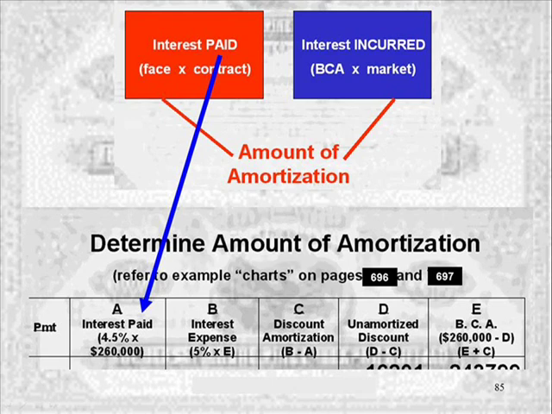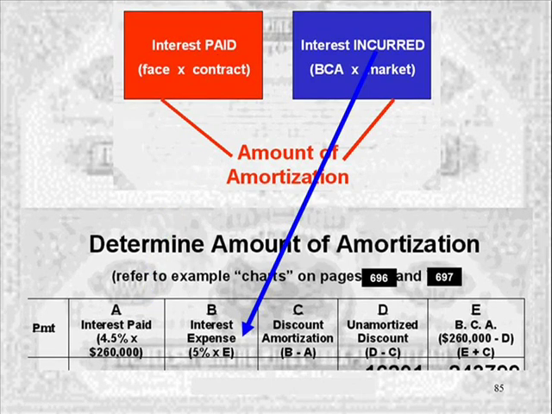That's the left-hand box. But the true amount of interest expense that we think belongs on the income statement is in the right-hand box, the amount of cash we really have in our hand times the market rate of interest the day we struck the deal, because that's what caused that amount of cash to be exchanged. The market rate of interest times the bond carrying amount is the interest we incur.